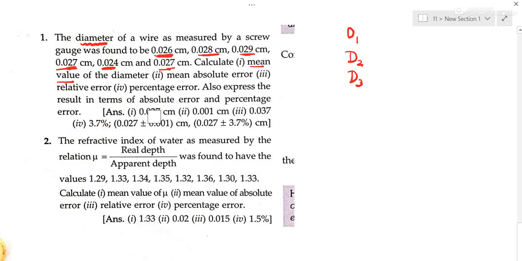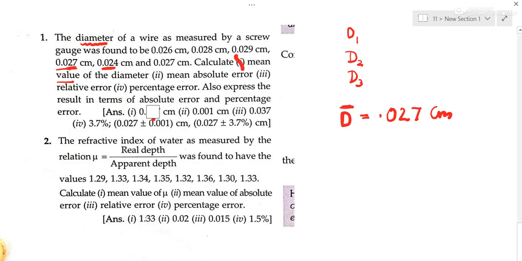Okay. And then getting to this. Now mean absolute error. For that, the first part answer is this. This is the mean diameter. Mean diameter is 0.027 centimeter, up to 3 decimals this time, because they have given the question in 3 decimals.